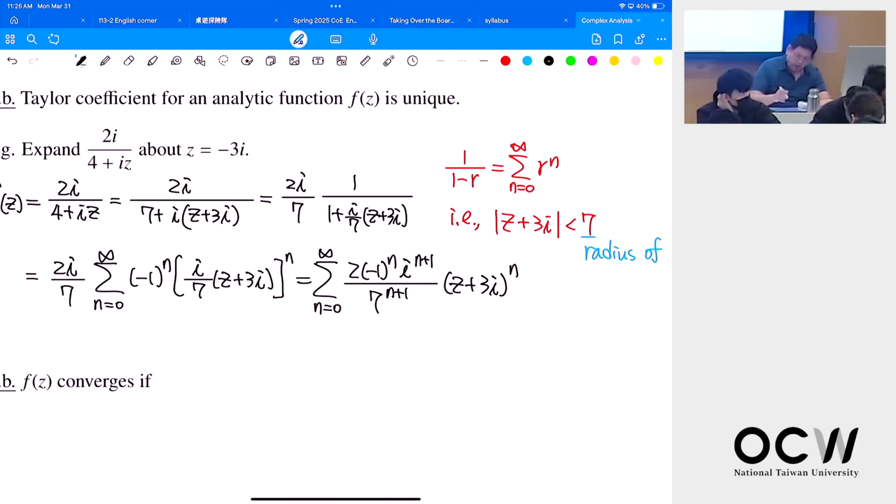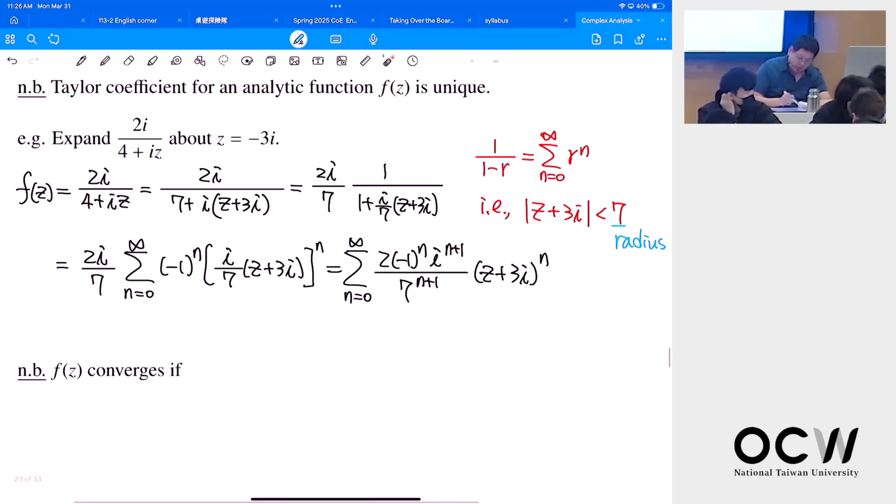So this function will converge if this ratio is less than 7.